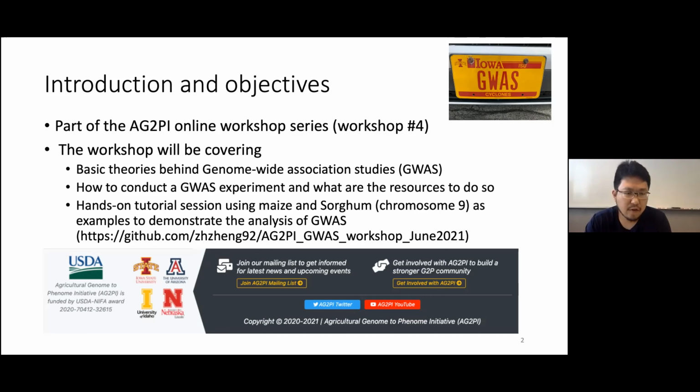And last, there's a hands-on session using maize and sorghum data as examples to demonstrate how to conduct some basic analysis with GWAS. For this part, I've already put together some example data and scripts on this link, my GitHub repo.